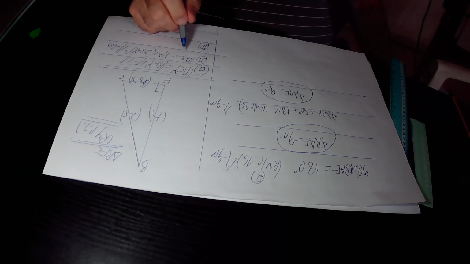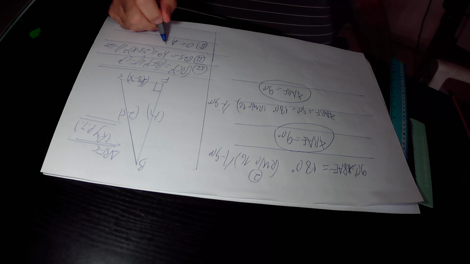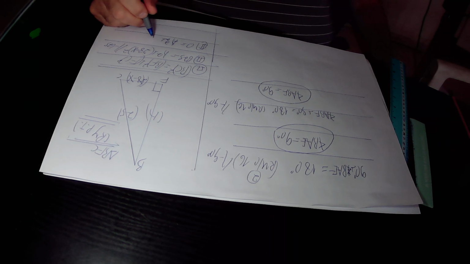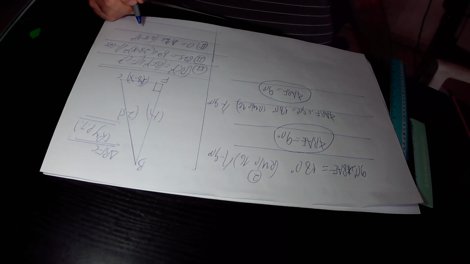On this side of the equation we are left with nothing, that is to say 0. On the other side of the equation we have 8 squared plus (28 minus x) squared. So in total, according to equation 2, 0 equals 8 squared plus (28 minus x) squared.